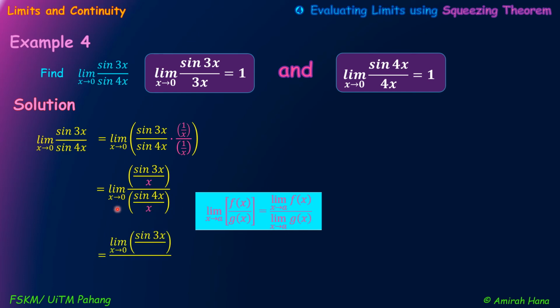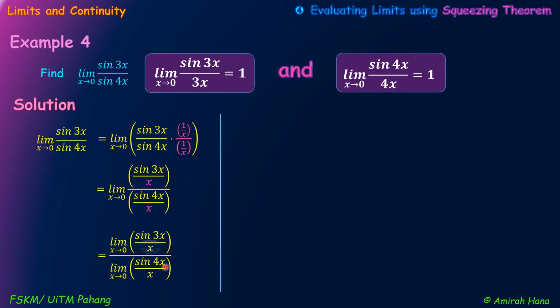So we write the limit as x approaches 0 of sine 3x over x, over the limit as x approaches 0 of sine 4x over x. Now we have denominators with no trigo function.